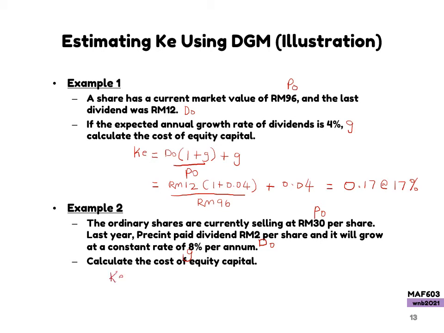We can calculate KE equals D0, RM2, times 1 plus growth 0.08, divided by the market value of share, RM30, plus growth 0.08, then we can get KE of 0.152, or put it into percentage, 15.2%.